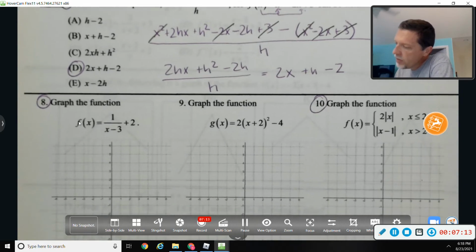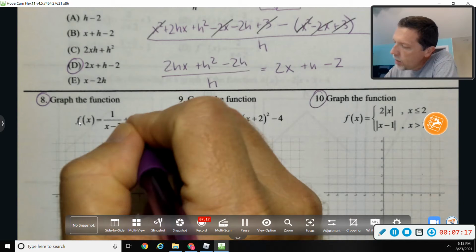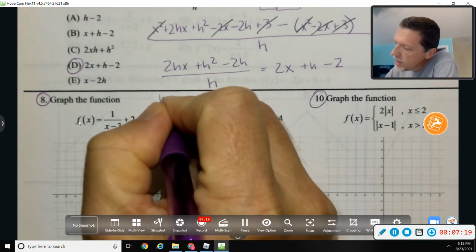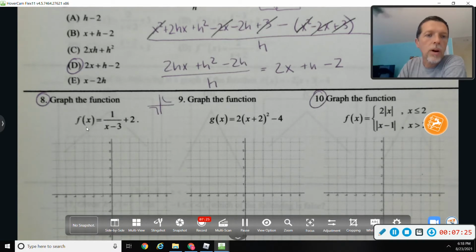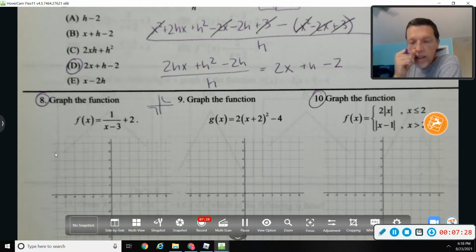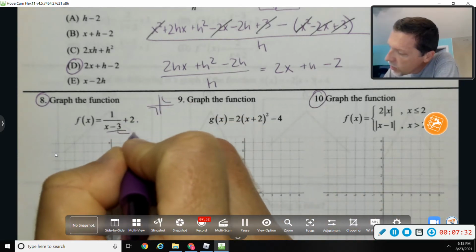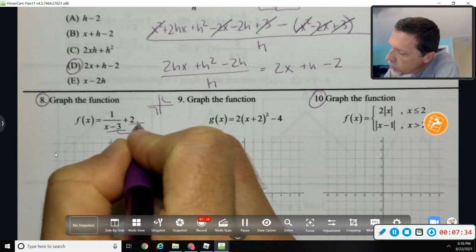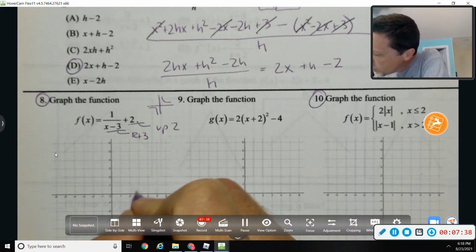Number 8, graph the functions. So parent functions and transformations here. 1 over x. Again, you don't have to sketch the parent function, but I find it helpful. Makes me remember and think about what the function should look like. I don't have to list the transformations, but I think it's helpful. Right 3, up 2.